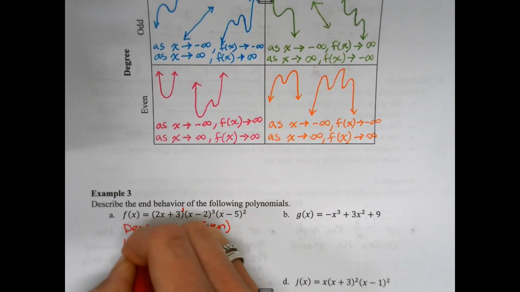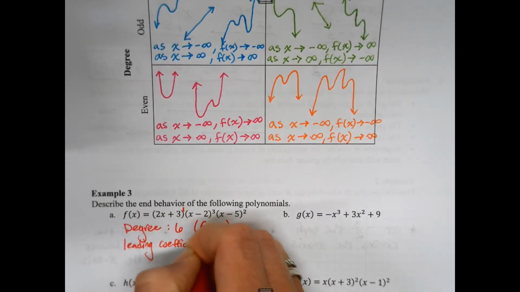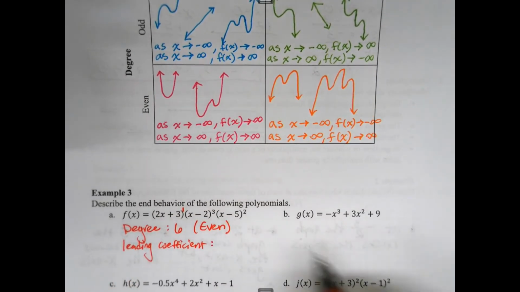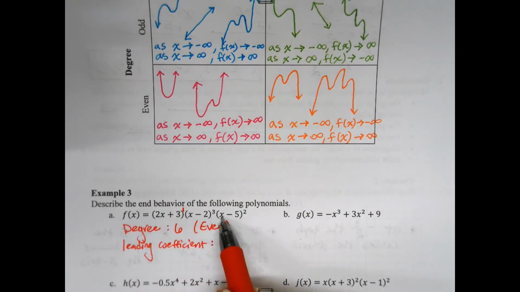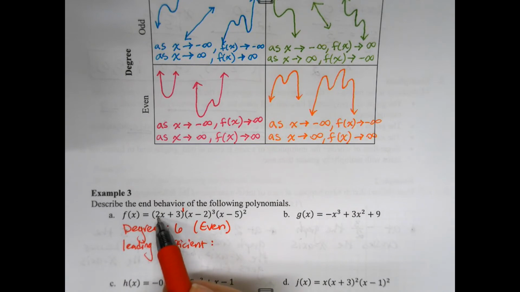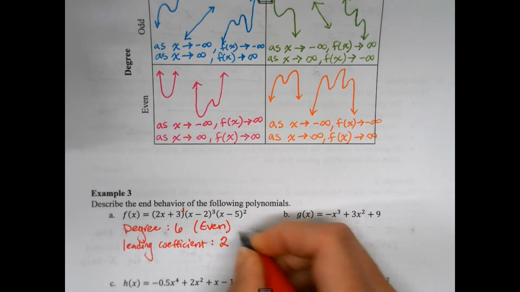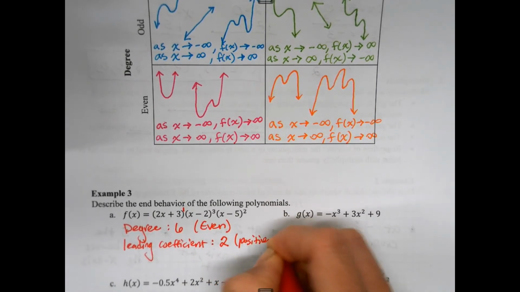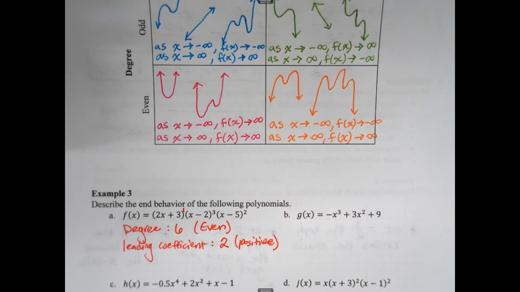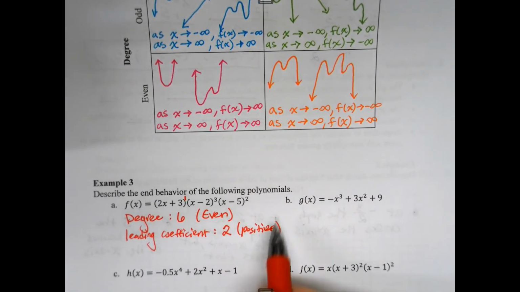And our leading coefficient would be the 2x times the x times the x. So our leading coefficient is positive 2. And therefore it is positive. So the end behavior, well, it's even and positive.